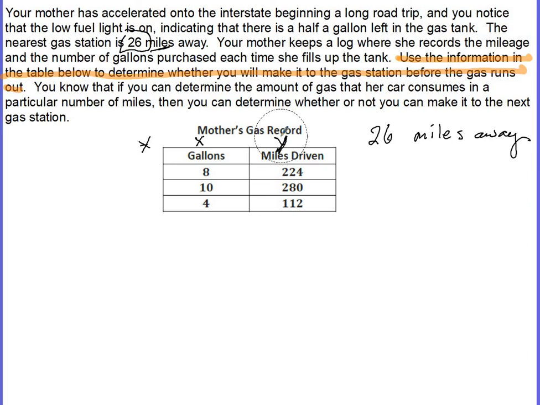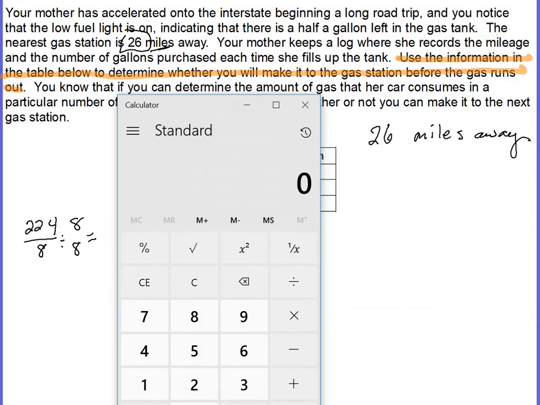So again, we can set up our rates and we can determine if there's a proportional relationship. So I have 224 miles per 8 gallons, and I can find the unit rate of that. If I take 224 and divide it by 8, I get 28.